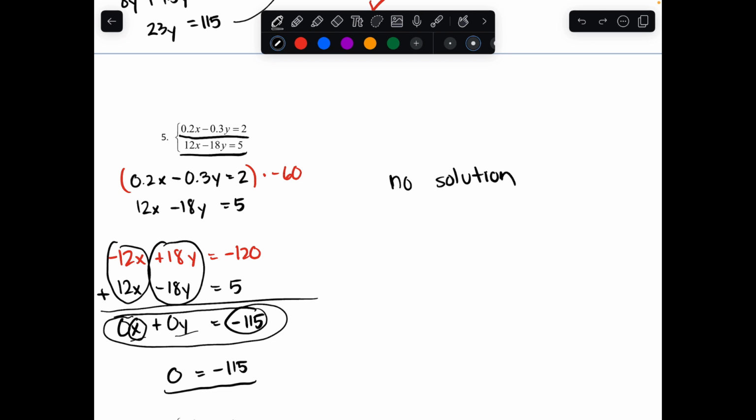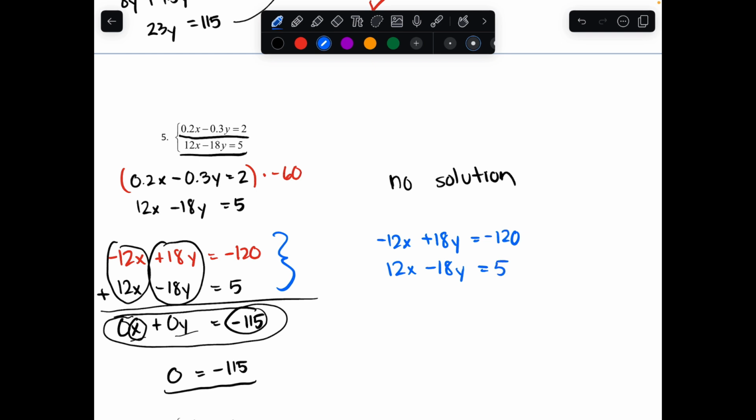Now, we can take a little bit of a deeper look at this. When we go back to here, we can kind of see something. Our x's and y's both canceled out. Let's go ahead and rewrite it. We have negative 12x plus 18y is equal to negative 120, and we have positive 12x minus 18y is equal to 5.